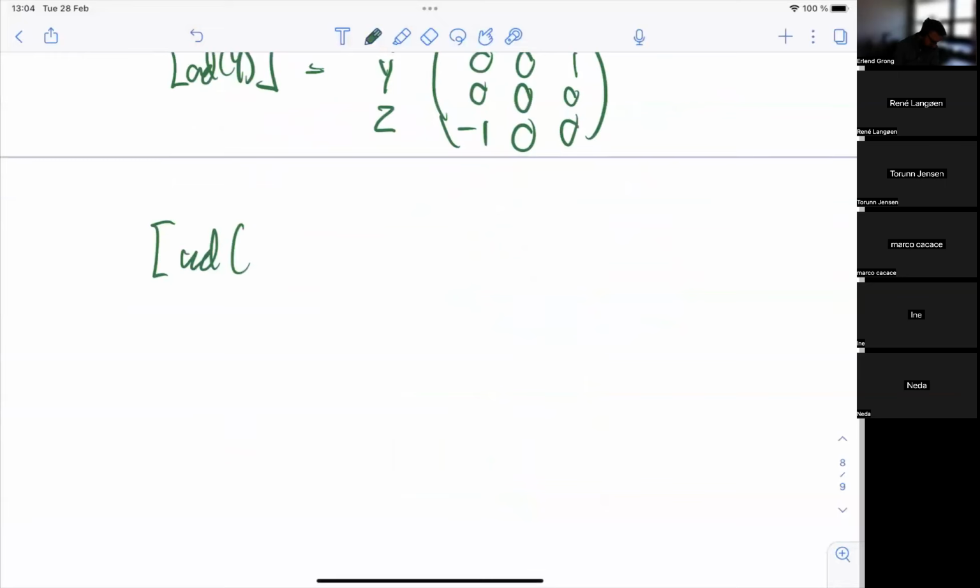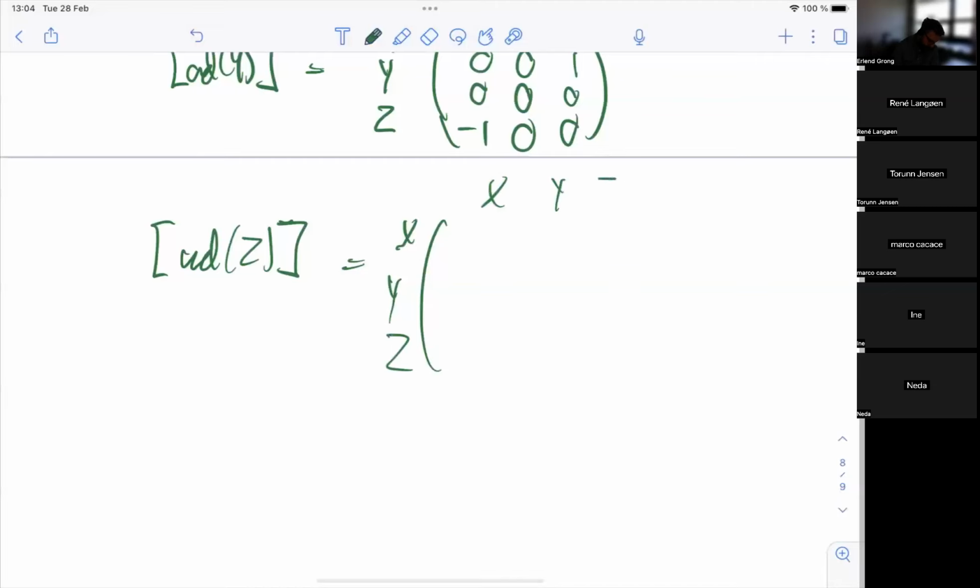And finally, with ad z, obviously I get nothing if I use the ad map on z.